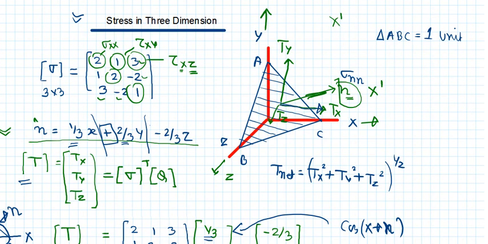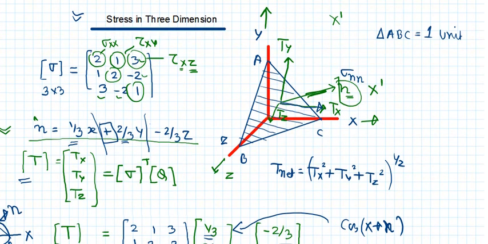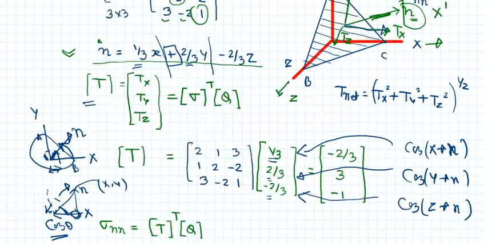Because we are calculating the force, that is why we are calling it Tx, Ty, Tz. So this Tx, Ty and Tz can be calculated by this expression, sigma transpose, that is the stress transpose, multiplied by the direction cosines. And why it is happening, we had already discussed in the previous class.